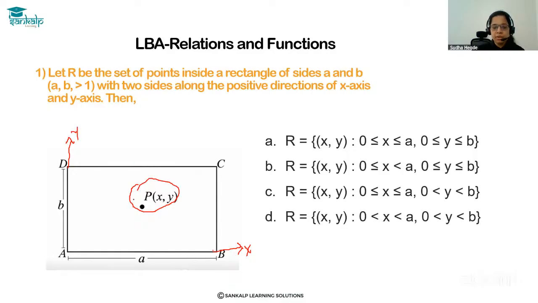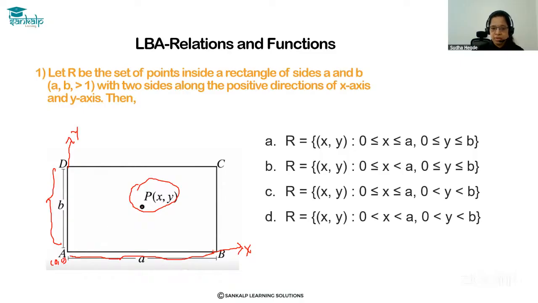So this point P is inside the rectangle ABCD. Given this distance is a and this distance is b and this point is (0, 0).